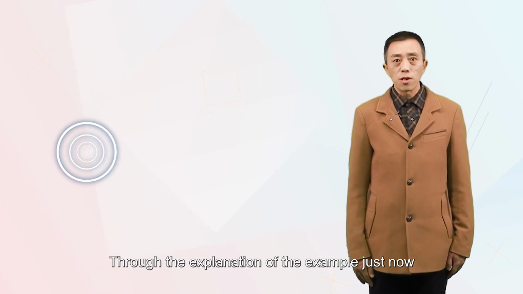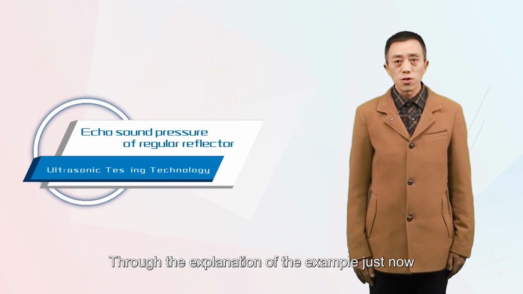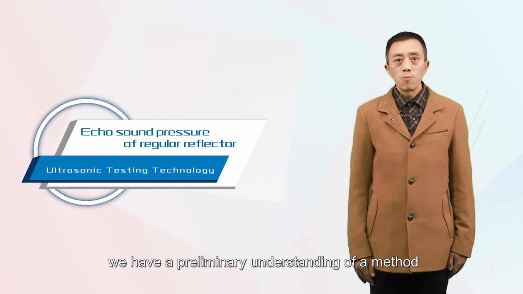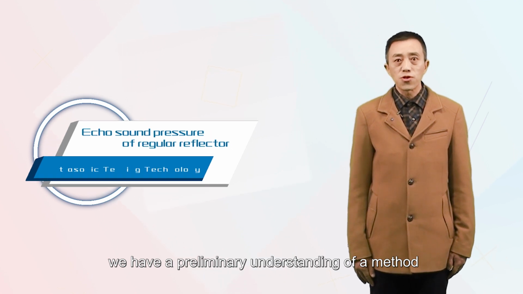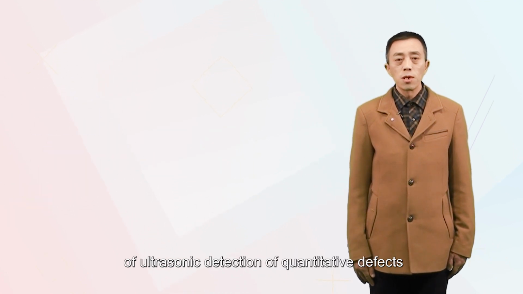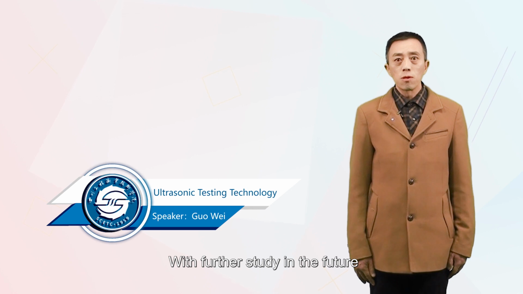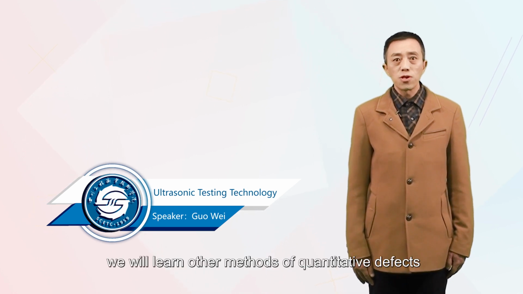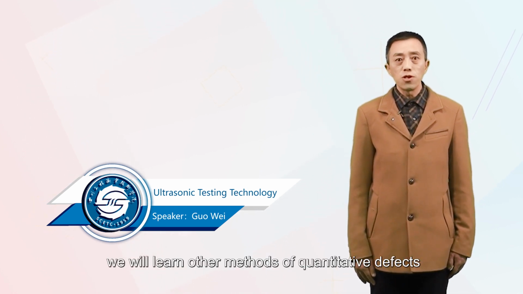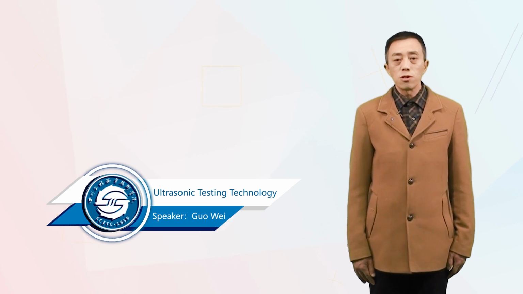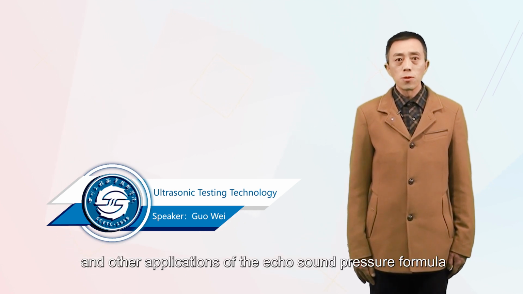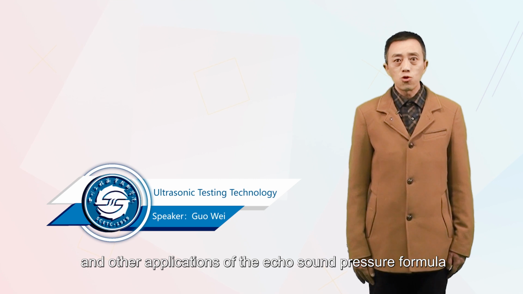Through the explanation of the example just now, we have a preliminary understanding of a method of ultrasonic detection of quantitative defects. With further study in the future, we will learn other methods of quantitative defects and other applications of the echo sound pressure formula.